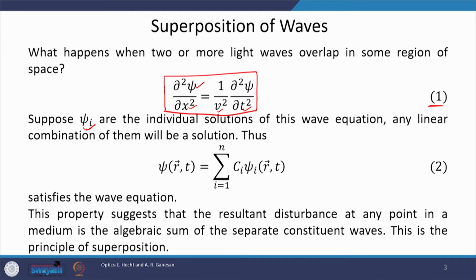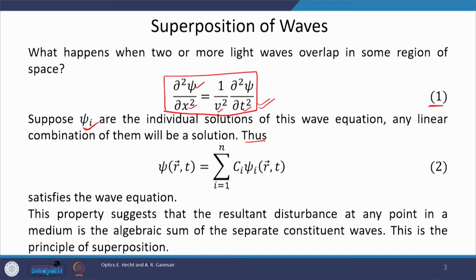And if there are n number of such solutions, then their linear combination will also be a solution of this second order partial differential wave equation. The properties of this wave equation are that it is second order, it is partial, it is a homogeneous equation, okay.